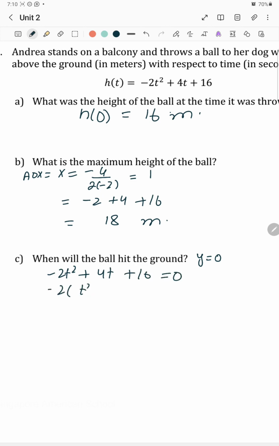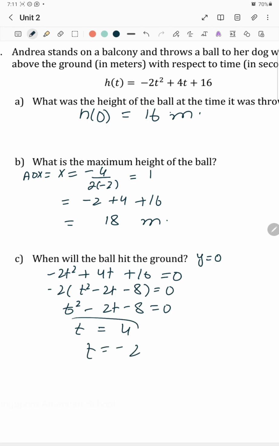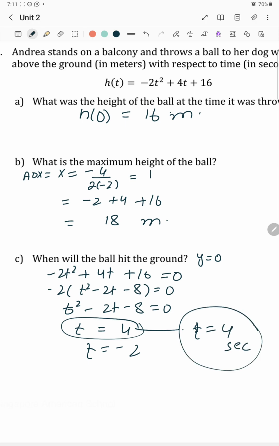Taking minus 2 common, t square minus 2t minus 8 is equal to 0. t square minus 2t minus 8 equals 0. t is equal to 4 and t is equal to minus 2. So it's going to be the positive one, t is equal to 4 seconds.